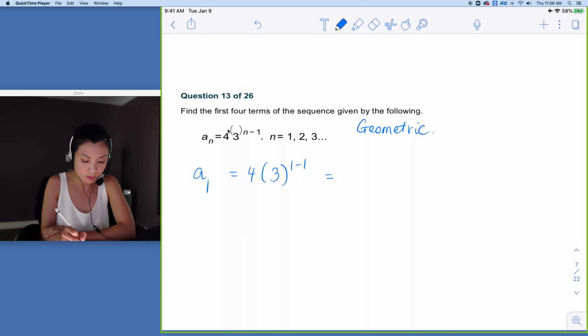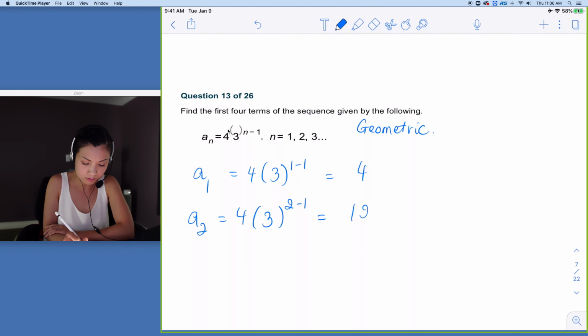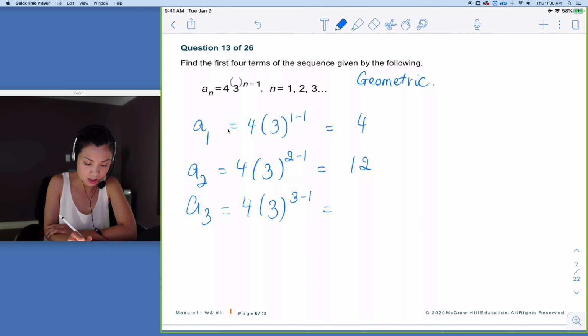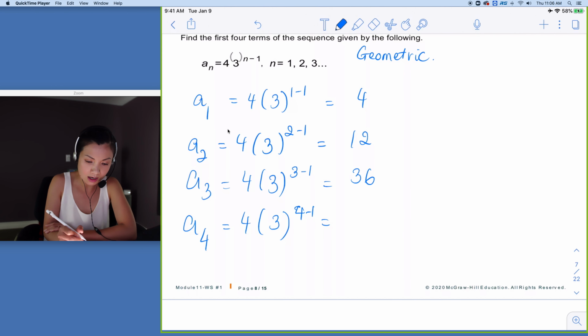So the first term you can see is 4. a2, 4 times 3 to the 2 minus 1, so it's 12. a3, 4 times 3 to the 3 minus 1 is 36. a4, and if you see the pattern, you can tell that if we take the number and multiply by 3, you're going to get the next term.